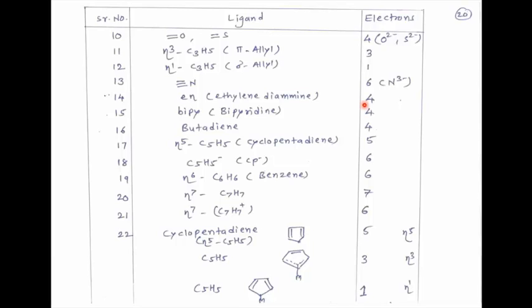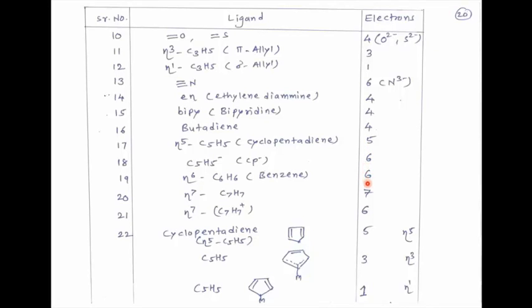It contains 2 nitrogen atoms and hence it donates 4 electrons. Bipyridine also donates 4 electrons. Butadiene, 4 electrons. Cyclopentadienyl, eta 5 C5H5, donates 5 electrons. If there is one negative charge on it, 6 electrons.